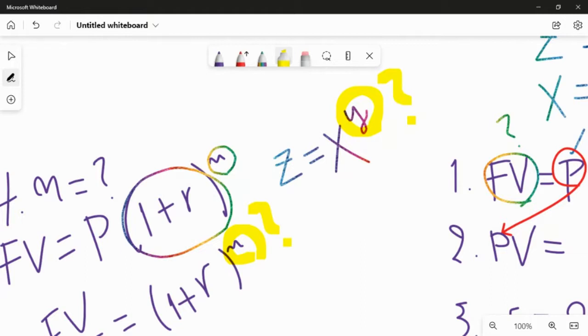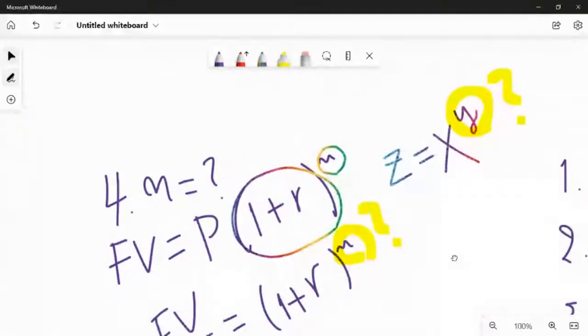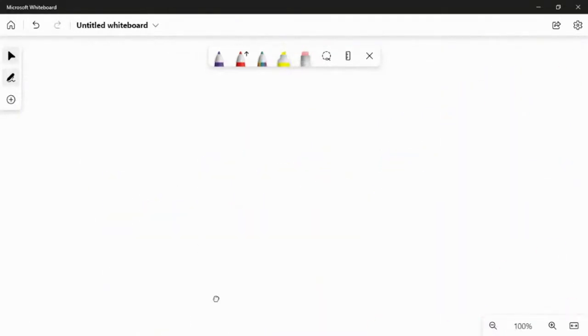To answer this question, we have to use logarithm, log. We have to understand what log is. What's a log or logarithm?